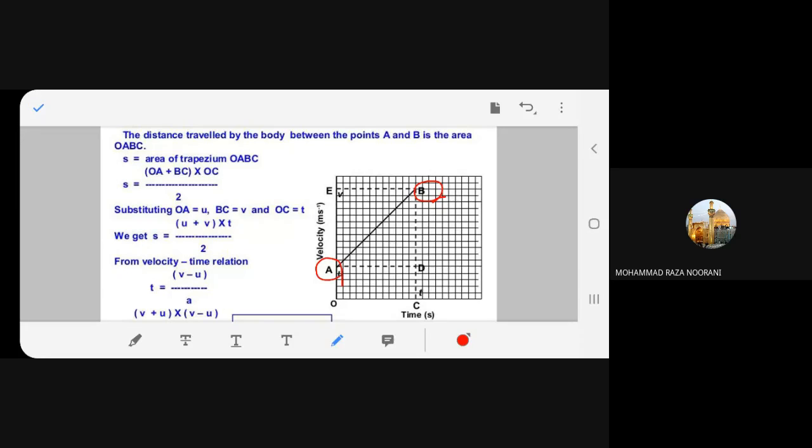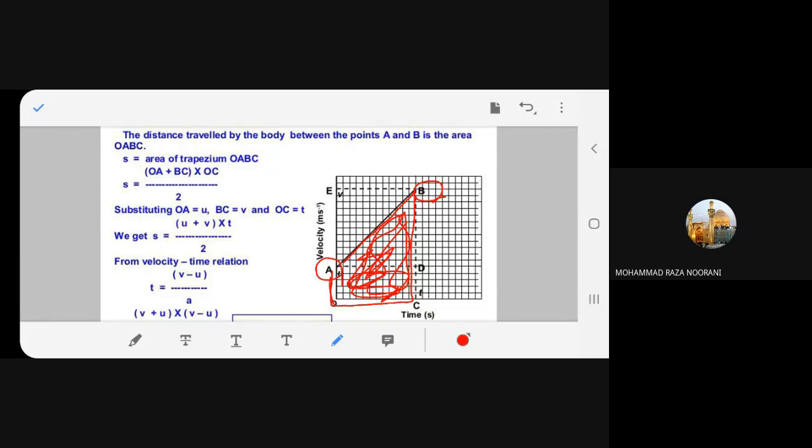So, a body is traveling from A to B. Again, the same thing we will get: A, B, C, O. So, you can start with O, A, B, C. This is the representation we will have. This is the area that we have to find out again, the way we started with the first one.